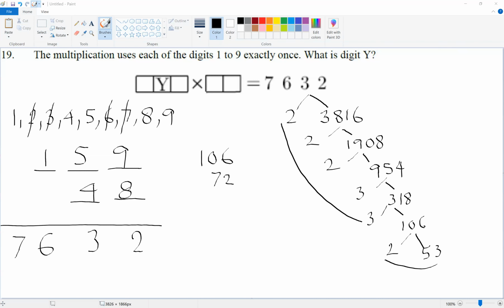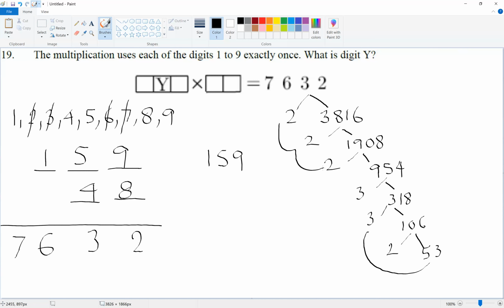That would work. Unfortunately, we don't have 0. So we cannot use 0, right? So what you could do next is combine these two, which is 159, and combine these numbers together, which is 16 times 3, which is 48, which should work.